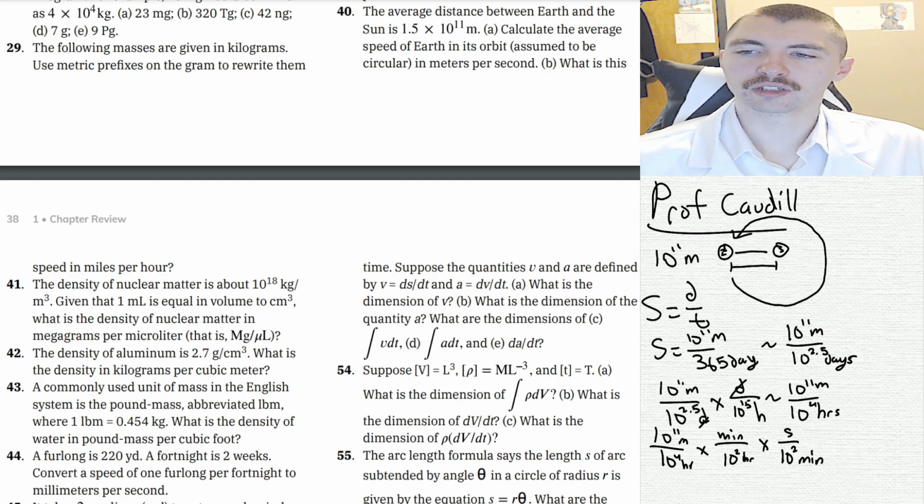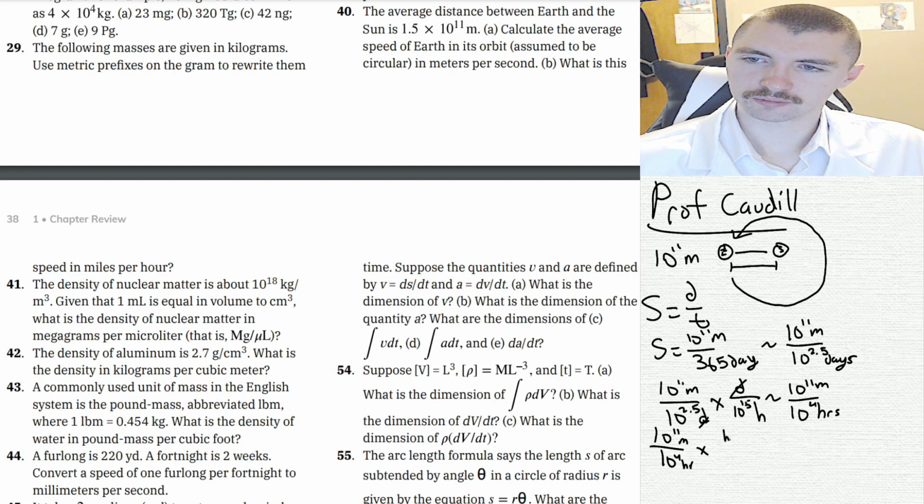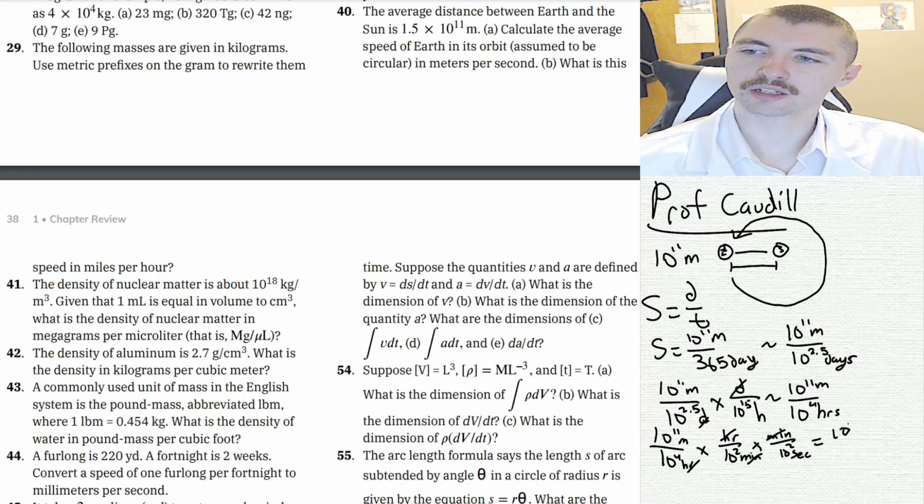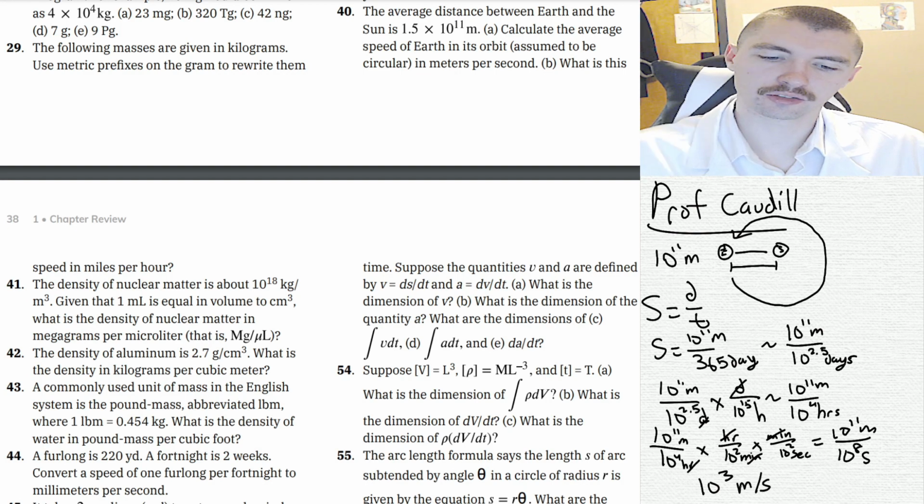Alright, so these are going to cancel out. These are going to cancel out. So we're going to get 10 to the 11 meters per 10 to the 8 seconds, which is 10 to the 3 meters a second.